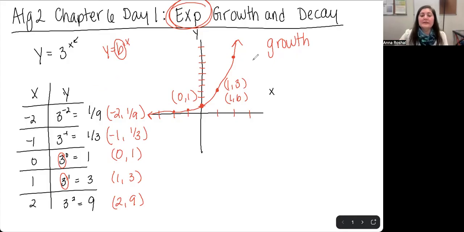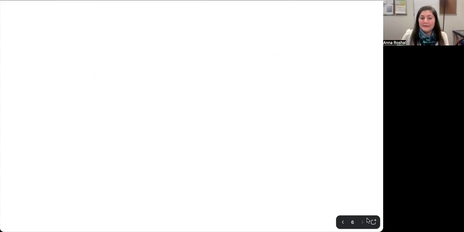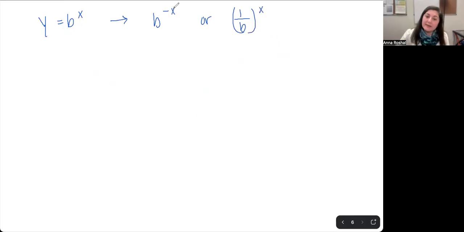Okay, so this is a growth function. What does it mean to have a decay function? So a decay function is still going to be exponential decay, still going to look like this. But in this case, I think a decay will either be b to the negative x or 1 over b to the x, which is actually the same thing because when you have a negative exponent, you want to make it positive, right?